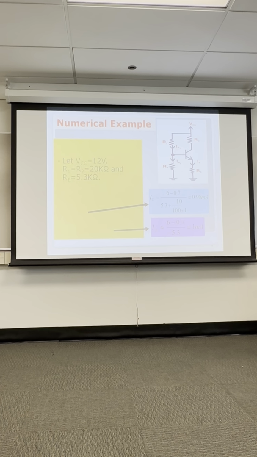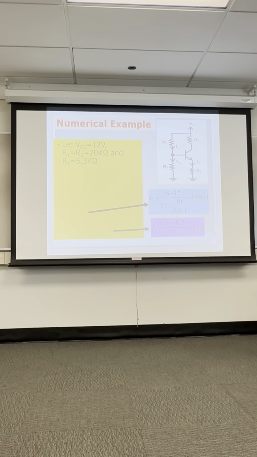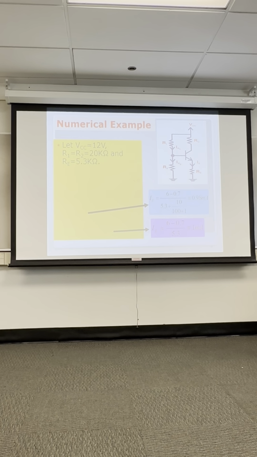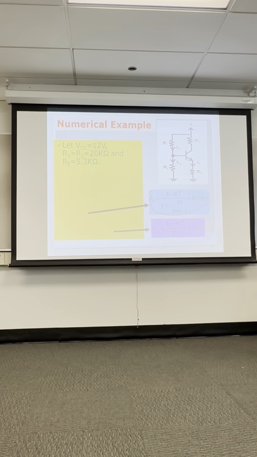So here's an example of a circuit. The battery is 12 volts here, R1 and R2 are 20 k ohms, and R sub E is 5.3 k ohms. So do we agree with this calculation? And is it correct?